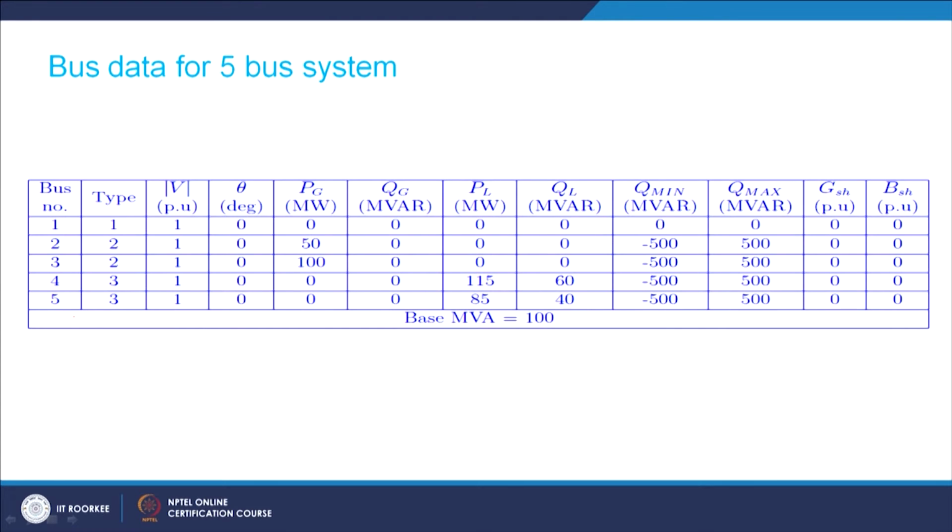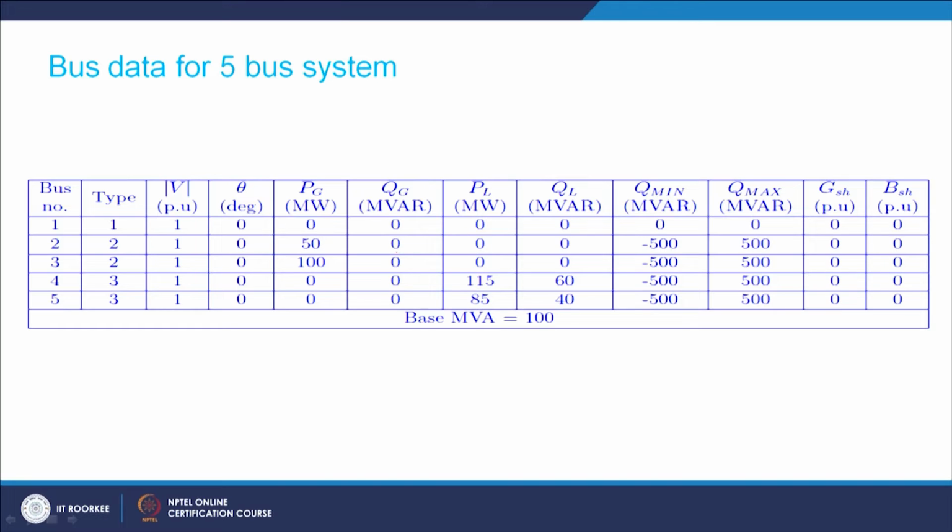And for bus 4 and bus 5, because these are not generator buses, there is no PG here. And for QG there is no such specification. Please remember that when we specify any quantity at any bus, we specify Q only for the load buses. So, for no generator Q is specified. Therefore, this column is 0.